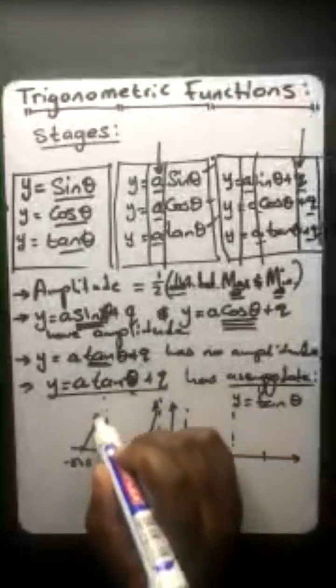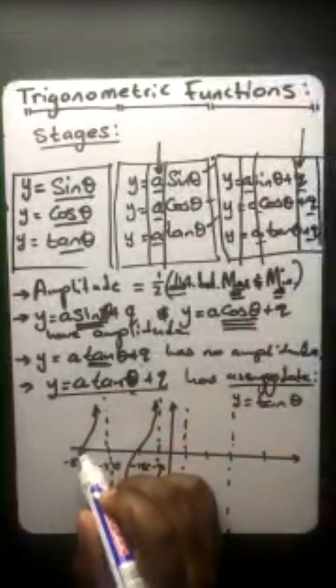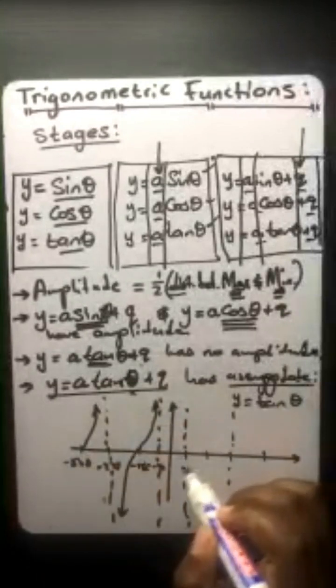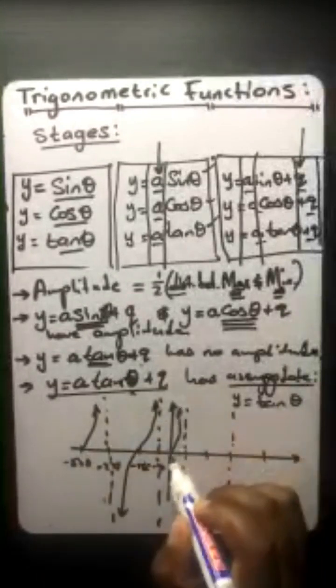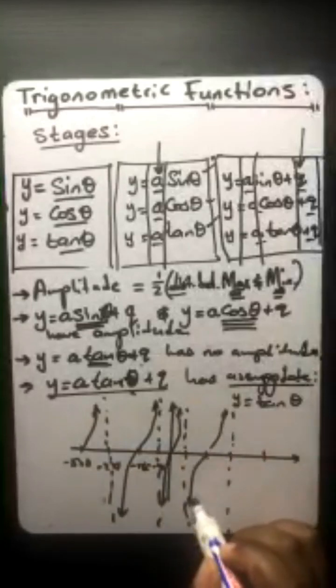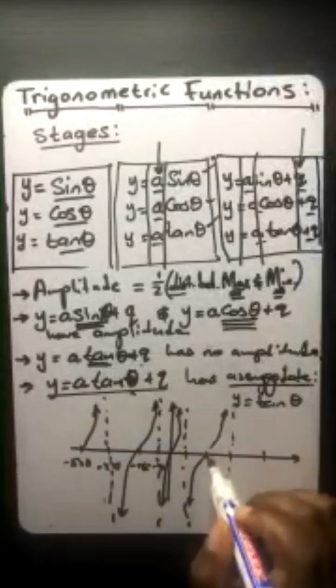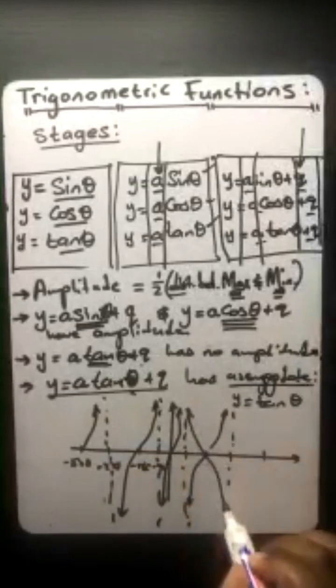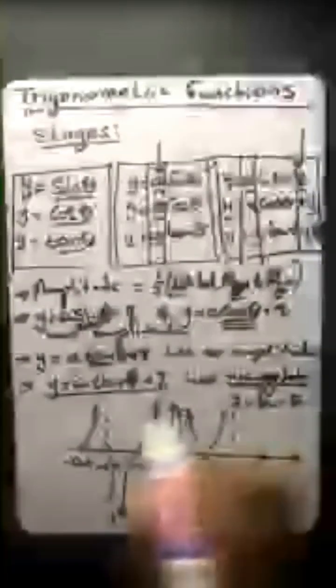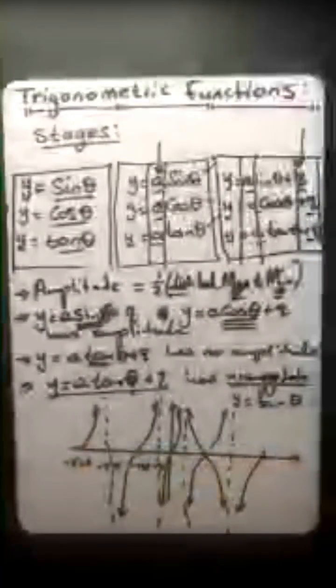To know whether it starts from there and goes up, or starts from there and goes down, you will learn that as we continue. But for now, just remember that we have what we call asymptotes under the function of tan angle.